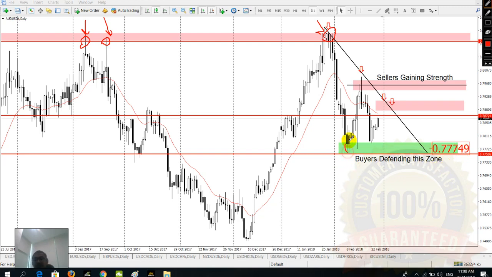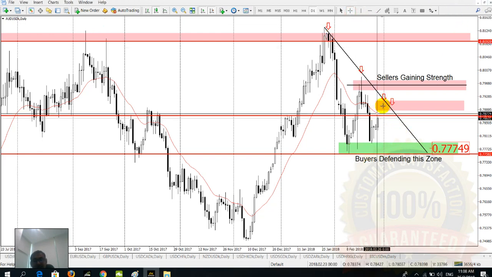I can see a lot of buyers defending this area, and sellers pushing the price lower and lower. So there's a high chance for the price to reach this level and then drop to this area, which is about 140 pips.